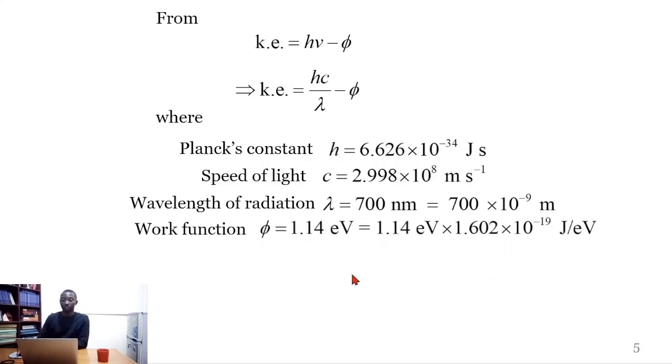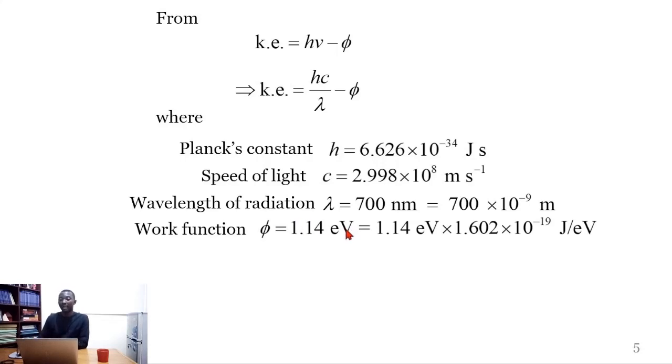The work function is 1.14 electron volt, and we can write this in terms of energy because we know that 1 electron volt is equal to 1.602 times 10 to the power of negative 19 joule.